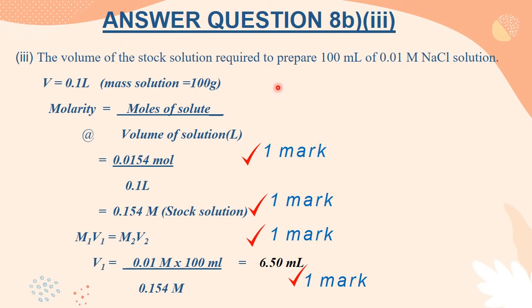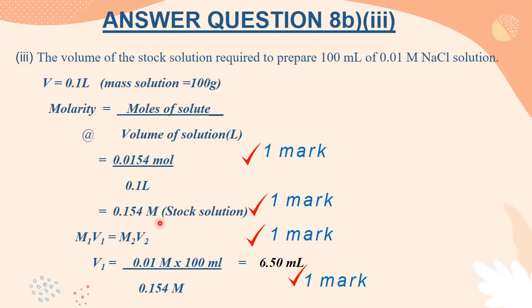So when mass solution 100 gram, mean volume of solution 100 ml. So first step, you must calculate concentrations of stock solution. So using molarity equal to mole of solute divided by volume of solution.